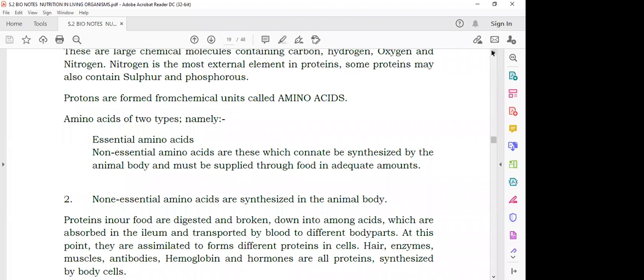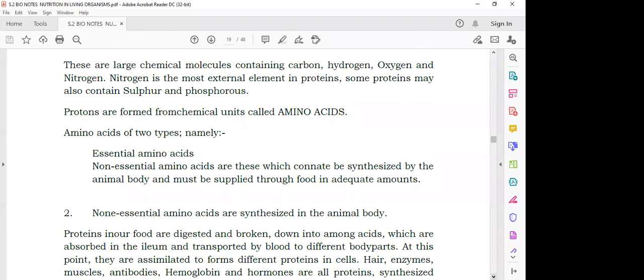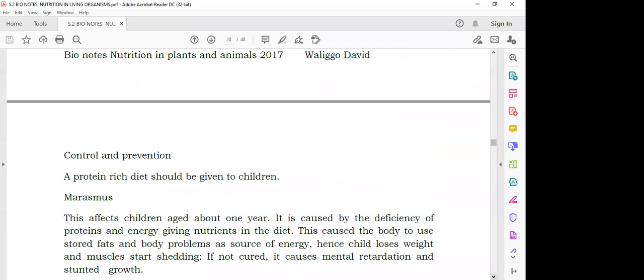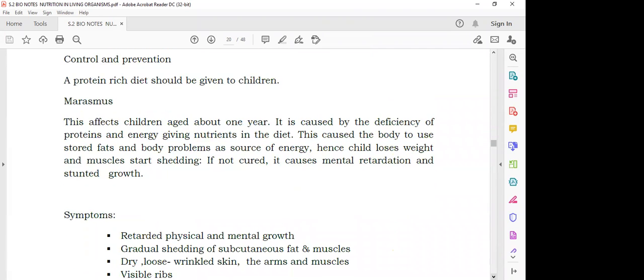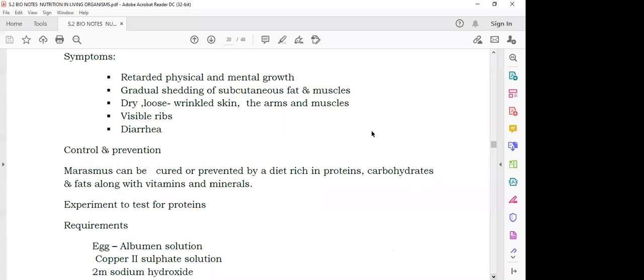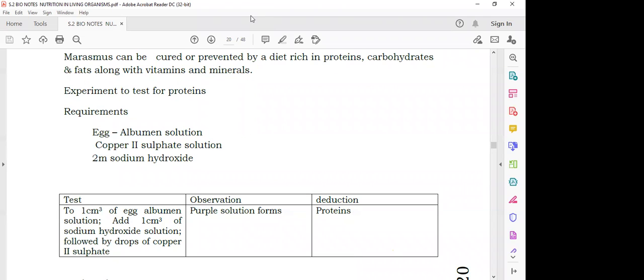Okay, the sources. Can you try to mention the sources of proteins? What are the sources of protein foods?